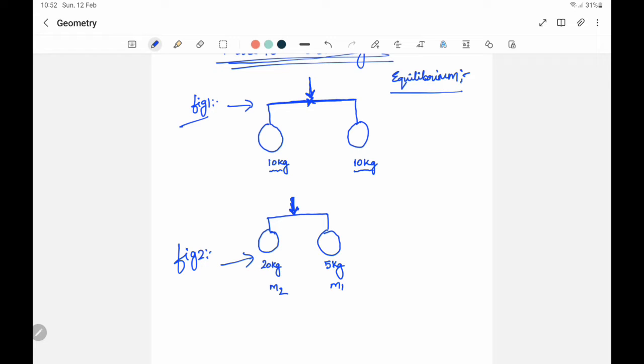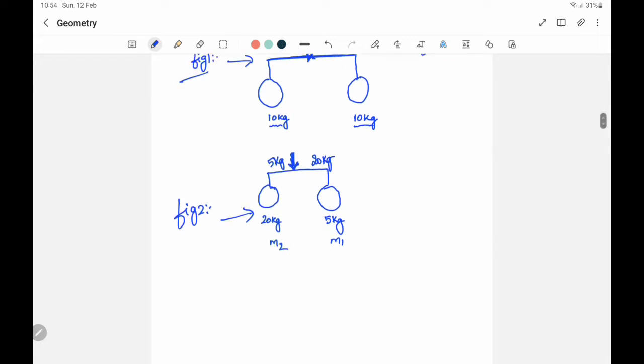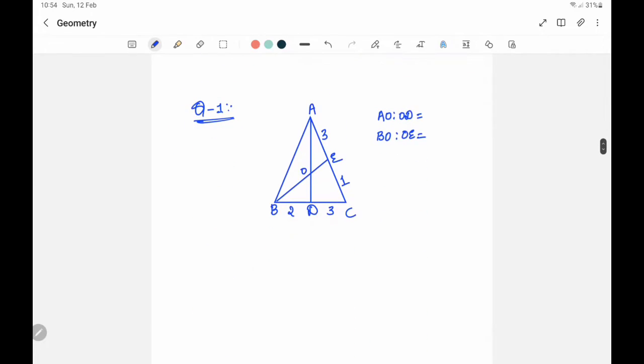So what I'll do is place some additional weight, say 5 kg to this side and 20 kg to this side, and when I hold it here, it will attain a state of equilibrium.